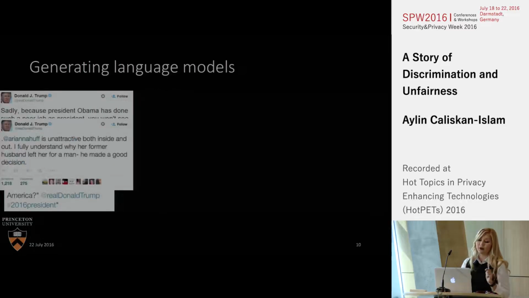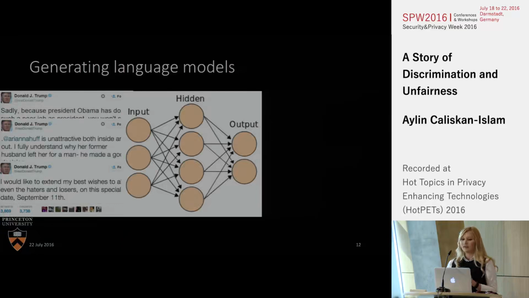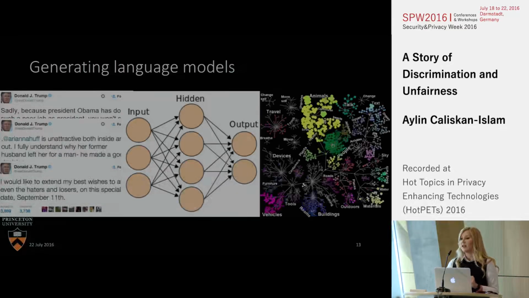I fully understand why her former husband left her for a man. He made a good decision." And then, let's say this is our last sample for input: "I would like to extend my best wishes to all, even the haters and losers, on the special date, September 11th." We feed this to our neural network, and then it generates a semantic space of these understandings and cultural values.